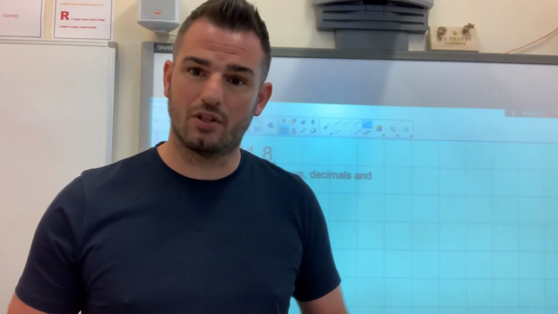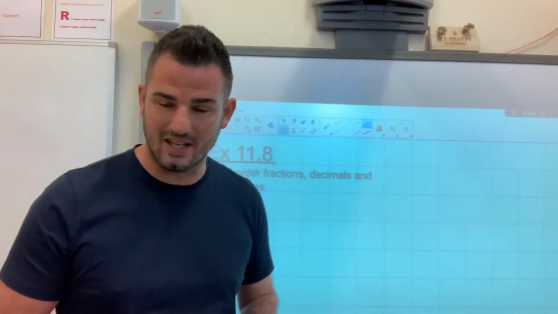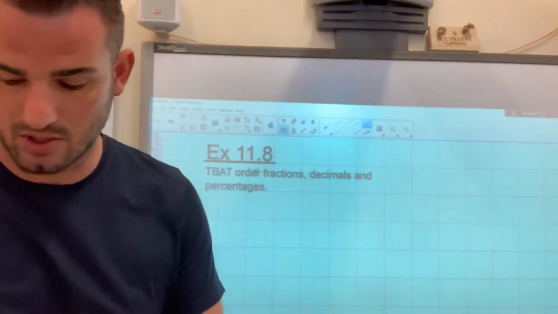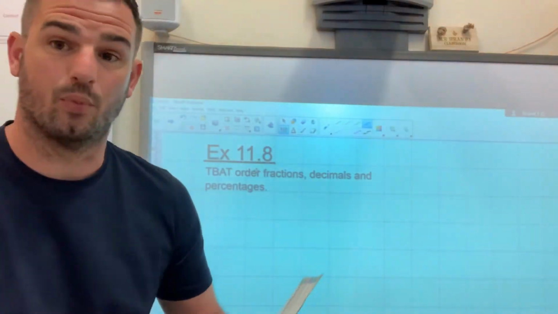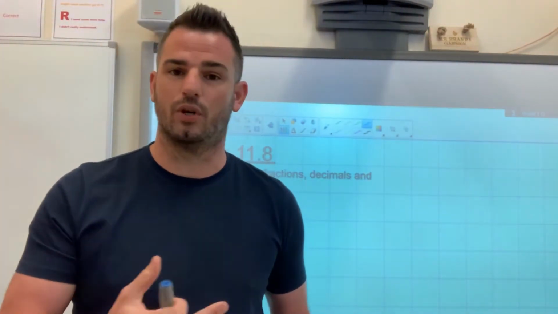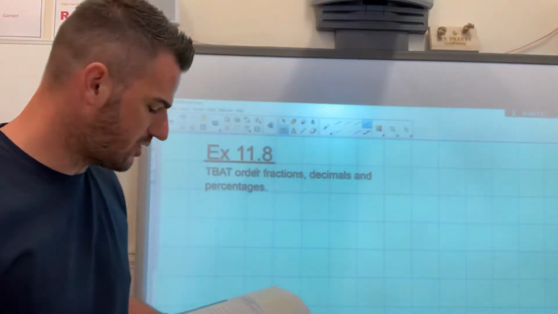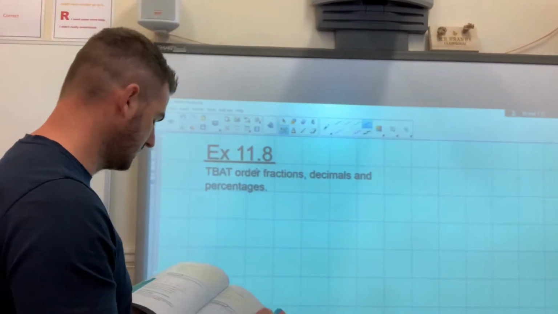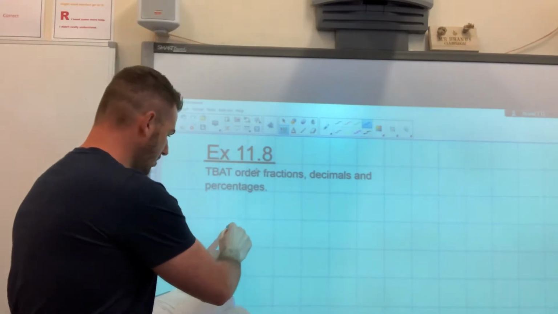So what I'm going to do is go through question 6 with you, from exercise 11.8. I'll go through and you can just see how it works if we work it through together. Question 6, we've got 4 numbers here. The first one is 175%.